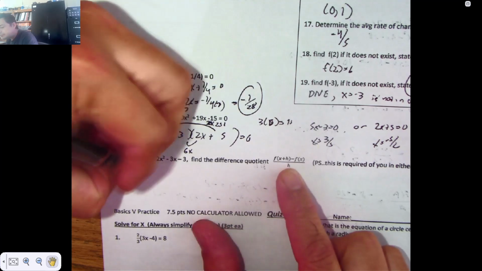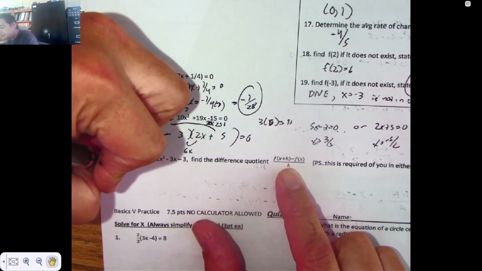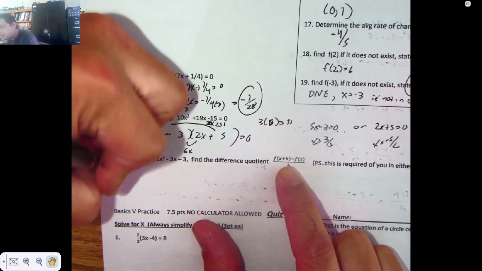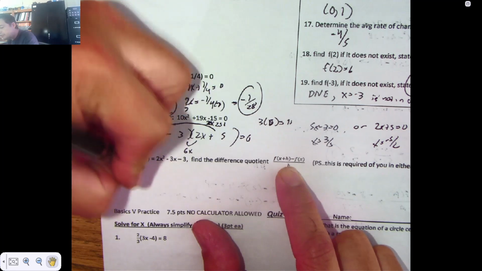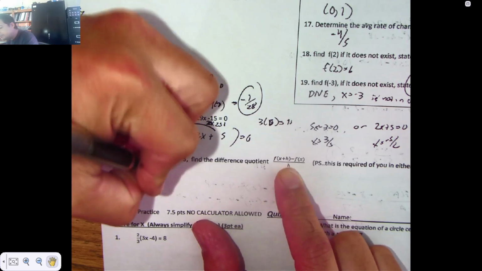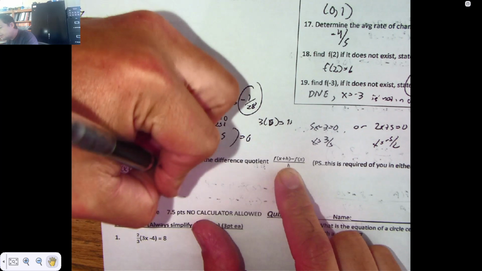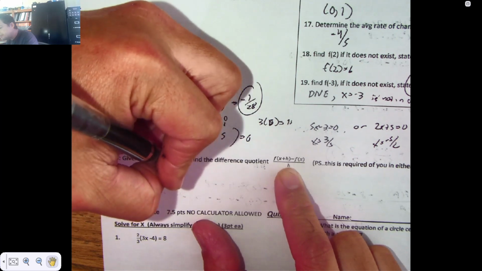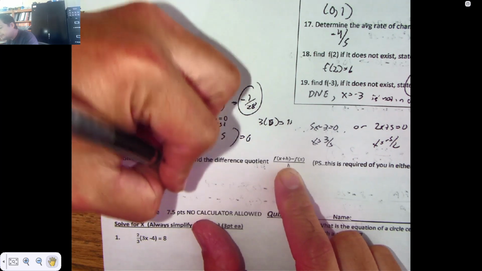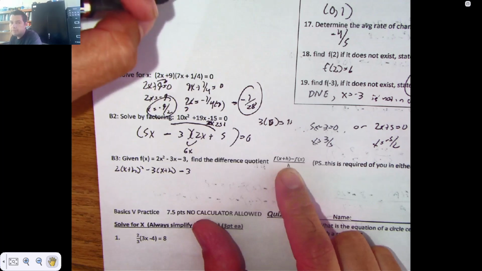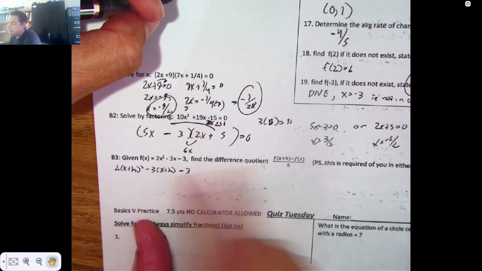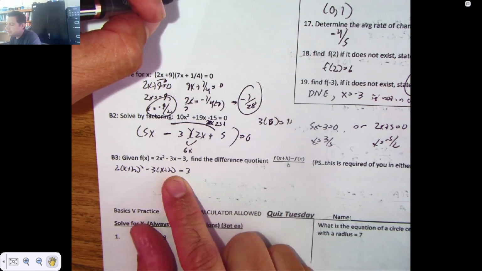This one. Do what it says. Find f of x plus h. You let x be x plus h. If you're taking bridge math for sure, you're not going to college, don't you worry about this. Don't you worry about it. Everywhere I saw an x, she became x plus h.